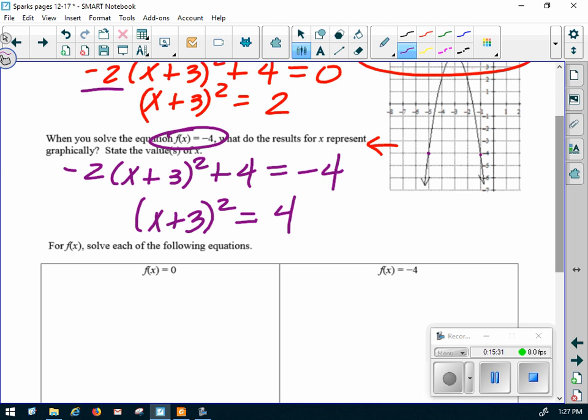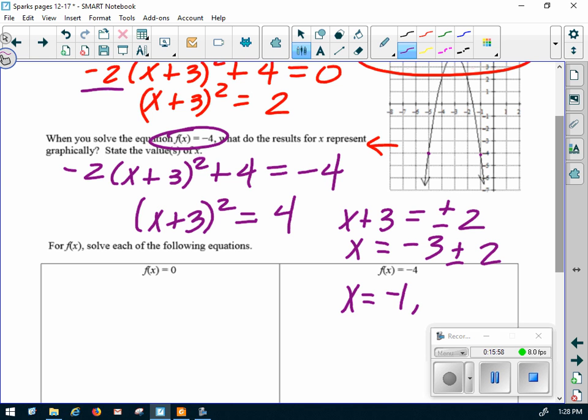Oh, well. What now? Square root both sides. I'm going to get x plus 3 equals? Yes, plus or minus 2. Now, you cannot leave this one like that. Those are easy. Negative 3 plus 2, negative 1, negative 3 minus 2. Aren't those numbers we got right there?